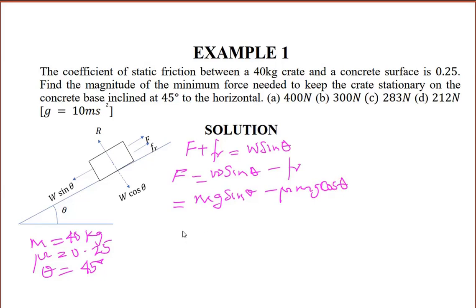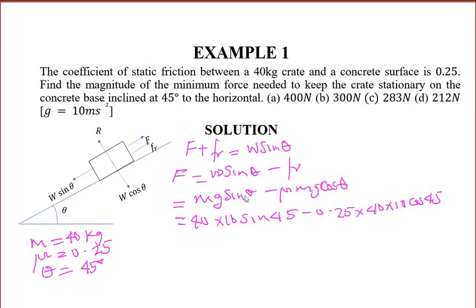So now let's apply our parameters. Mass is 40. We're using g as 10, though your question might use 9.8. Sine 45 minus mu 0.25 times mass 40 times g 10 then times cos 45.